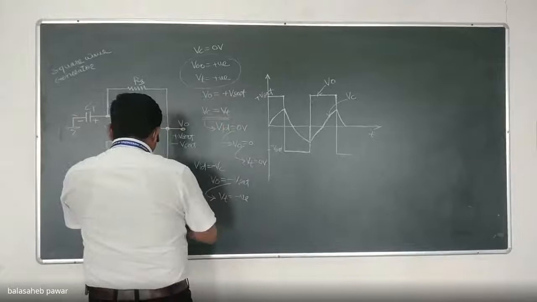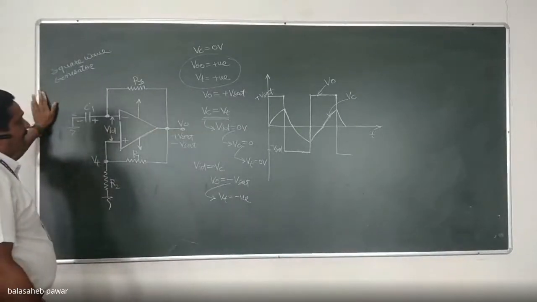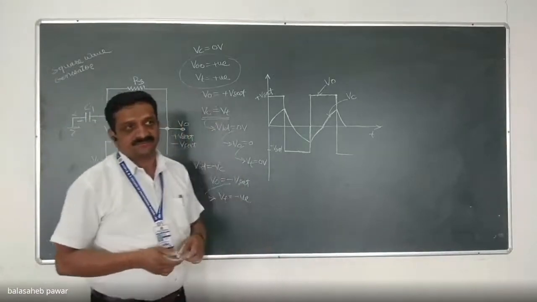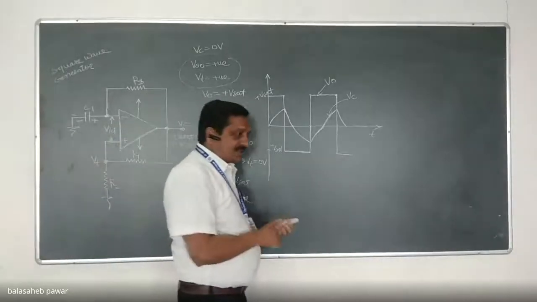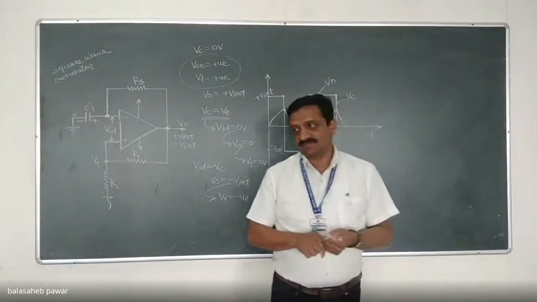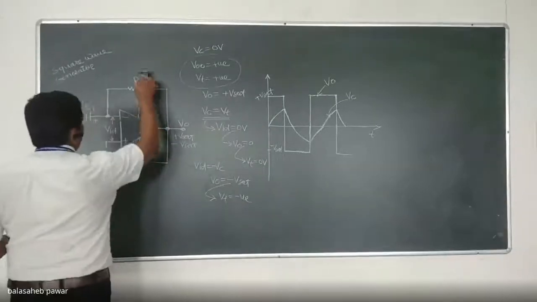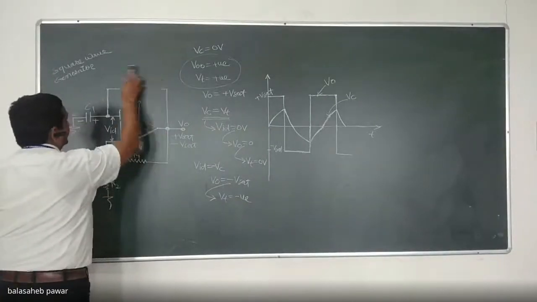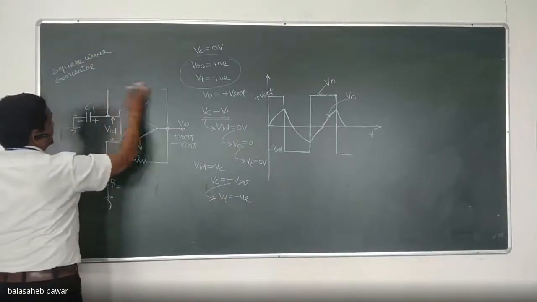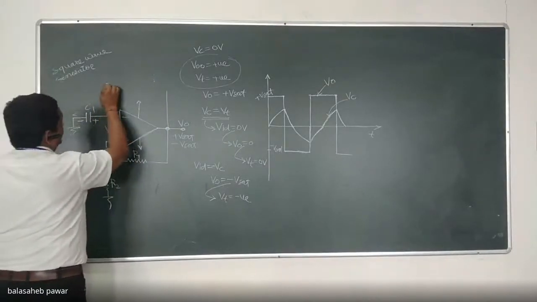Now, if we want an asymmetrical square wave generator, asymmetrical means what? Its on period should not be equal to its off period. That means we have to change the charging and discharging period of the capacitor. So what we can do, it's very simple. Instead of a single resistor, use here two resistors through diodes. So I will show here.